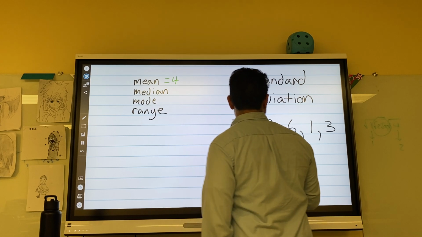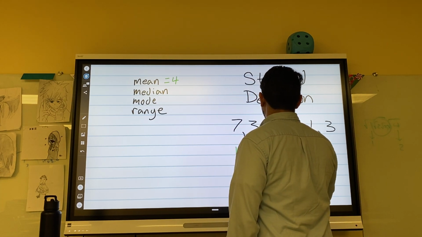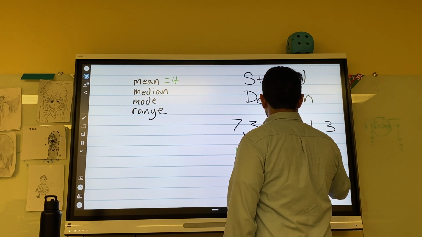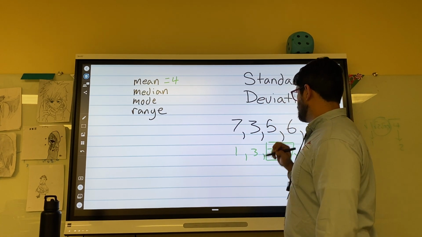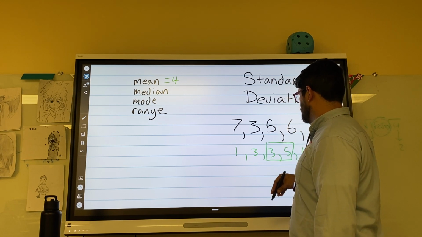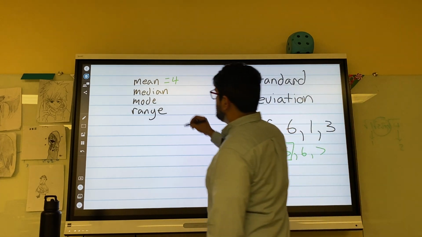The median, if I put it all in order, 1, 3, 3, 5, 6, 7. With 6 numbers, there are 2 numbers in the middle, so you add them and divide by 2, and I get 4. So 4 is the median.